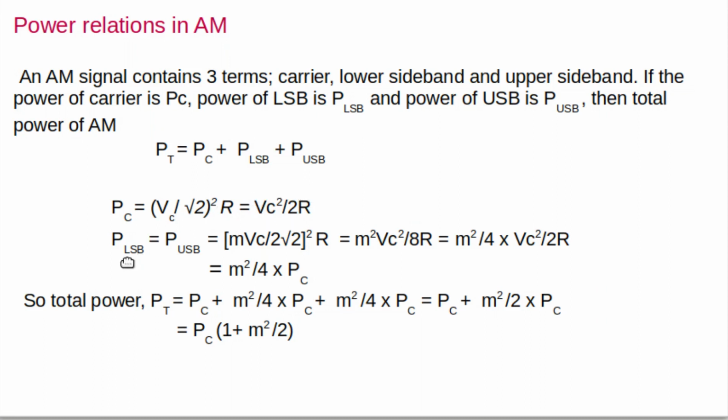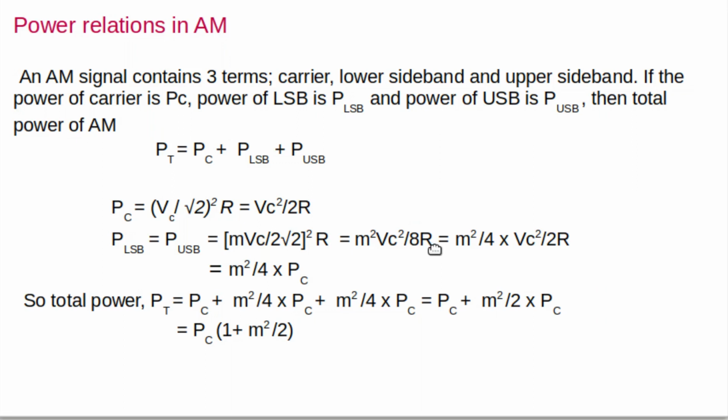What about PLSB? We know the amplitude of upper sideband and lower sideband are equal, both are MVC by 2. So their powers will also be equal. That's why we write PLSB equal to PUSB, and it is equal to, their amplitude is MVC by 2 and RMS value is MVC by 2 by root 2, whole square by R. So it becomes M square VC square by 8R.